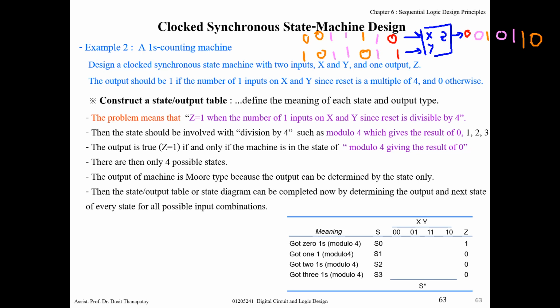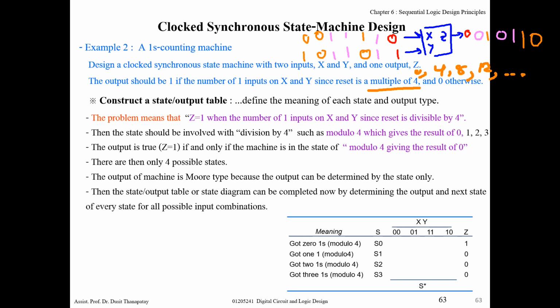Now, based on the behavior of the state machine, you should determine the number of states first. How many states does this state machine have? The condition is that the output will be 1 when the number of logic 1 inputs on X and Y is a multiple of 4, which may be 0, 4, 8, 12, and so on.